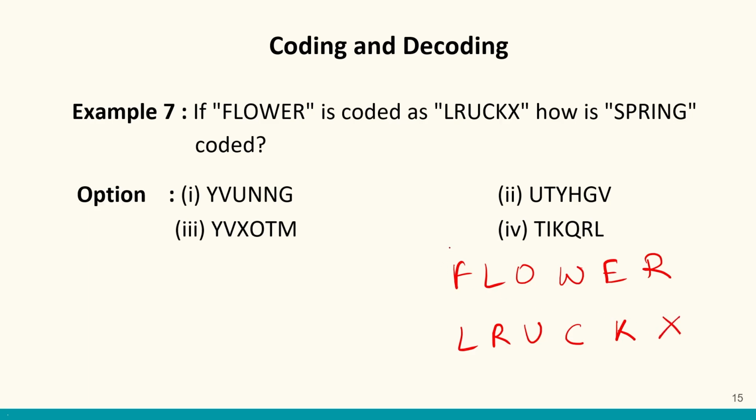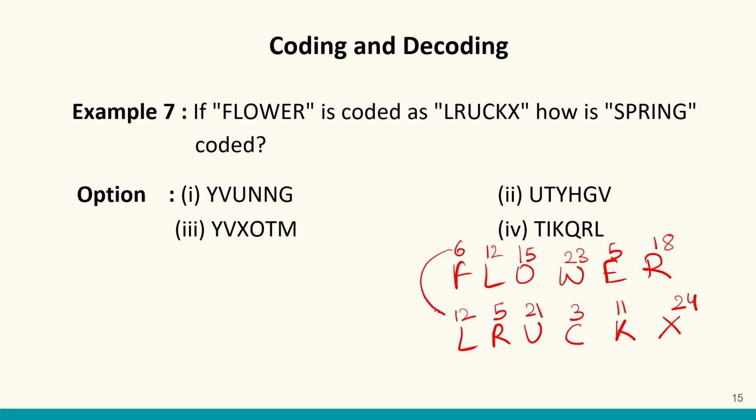Okay, so F is 6, L is 12, O is 15, W is how much? W is 23, E is 5, and R is 18. So L is coded as 12, R is coded as 5, U is coded as 21, C is coded as 3, K is coded as 11, and X is coded as 24.